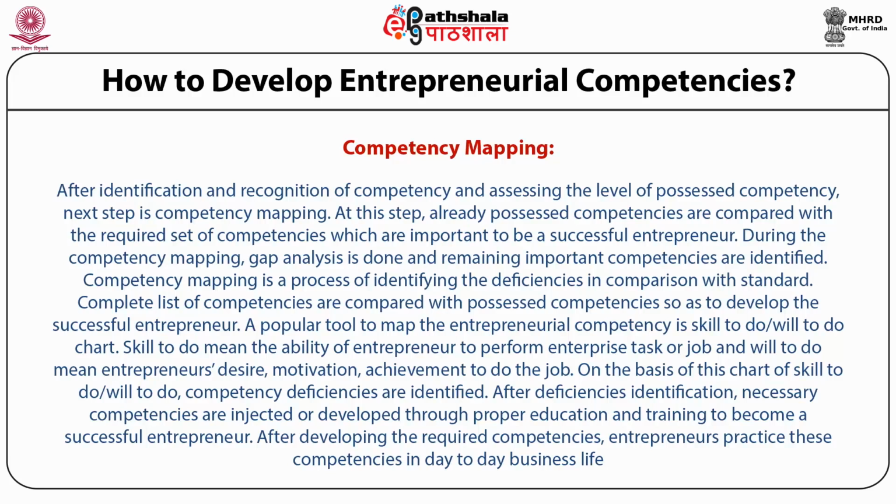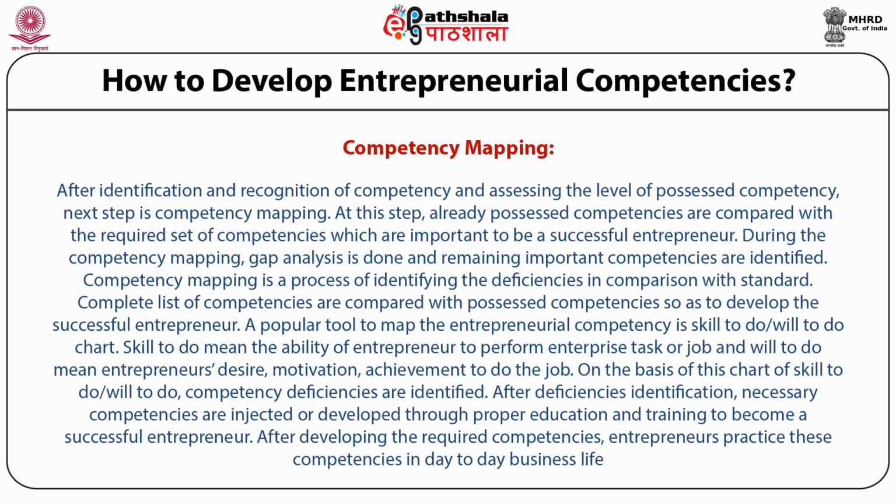A popular tool to map the entrepreneurial competency is the skill to do or will to do chart. Skill to do means the ability of the entrepreneur to perform enterprise tasks or job, and will to do means the entrepreneur's desire, motivation, achievement to do the job. On the basis of this chart, competency deficiencies are identified.